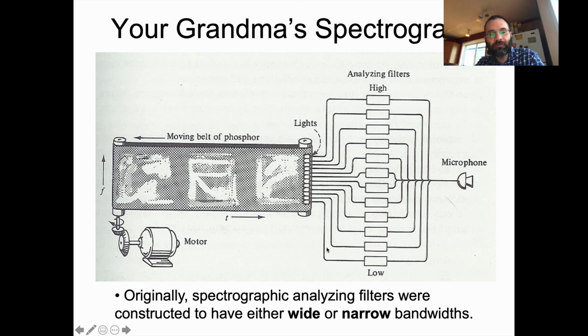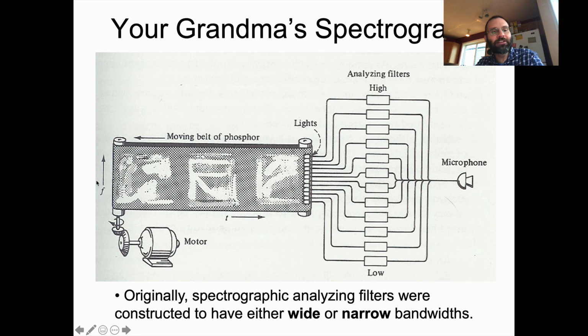And then each one of those filters was hooked up to a little light, which would shine light of varying intensities based on how much voltage was coming through these filters, based on whether or not those frequencies were in the original signal or not. So we'd have our 0 to 100 hertz light, or 100 to 200 hertz light, so on and so forth, all the way up the scale.